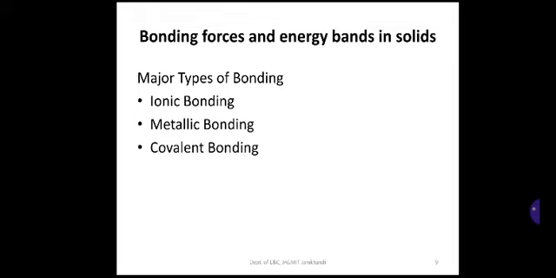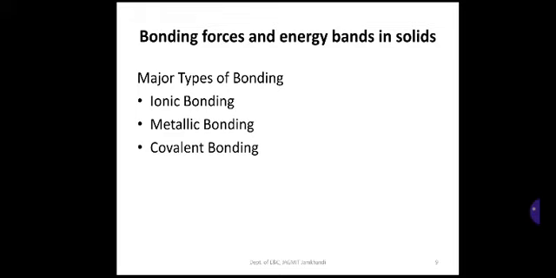Now let us start with the actual syllabus. The first topic, bonding forces and energy bands in solids. Whenever a number of atoms come closer and closer to form a solid or crystal, one atom's valence electrons interact with another atom's valence electrons.